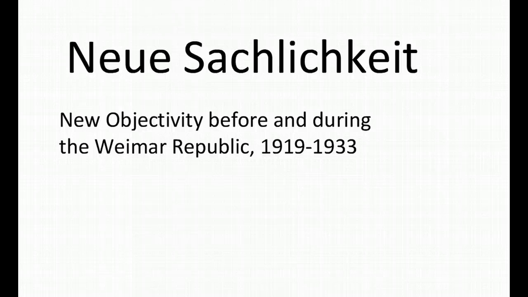And what new objectivity privileges is looking at the world in its object form. And so where Surrealism was very much about this interior perspective, and they privileged psychoanalysis over the object, the Germans are privileging the object, but they're allowing a little bit of the psychological reality to come through. That's going to make sense as we talk about this.